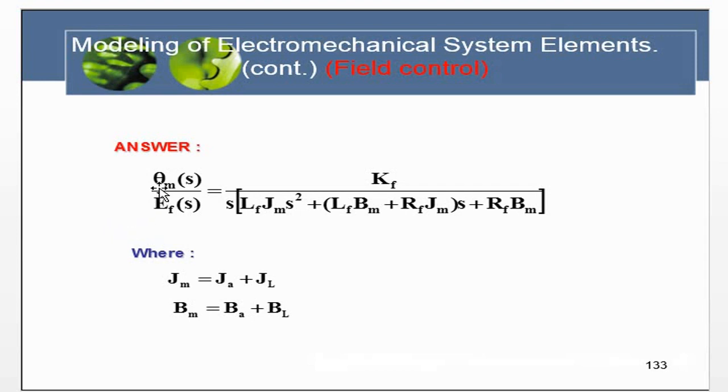Last, we get that theta M as per E_f(s) is equal to K_f per s, in the bracket, [L_f G_m s squared plus (L_f B_m plus R_f G_m) s plus R_f B_m], where G_m is G_a plus G_l, and B_m is B_a plus B_l.